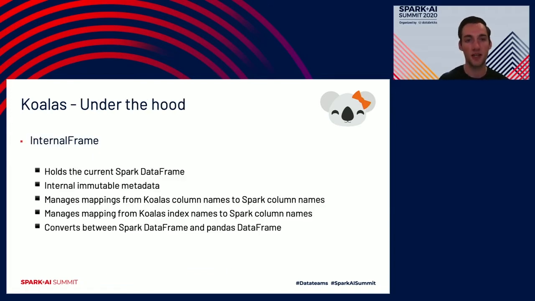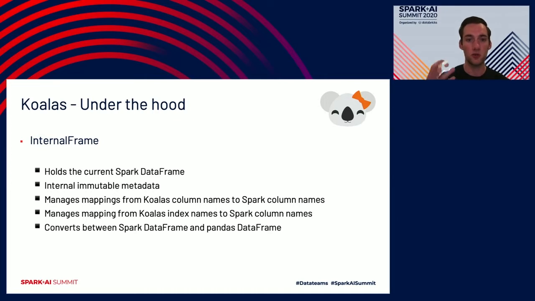To understand how Koalas translates the Pandas-like API to Spark, we must first understand some of the internal structures being used. InternalFrame is the internal immutable structure which holds the current Spark data frame along with the immutable metadata Koalas requires. The InternalFrame manages the mappings from Koalas column names to Spark column names.